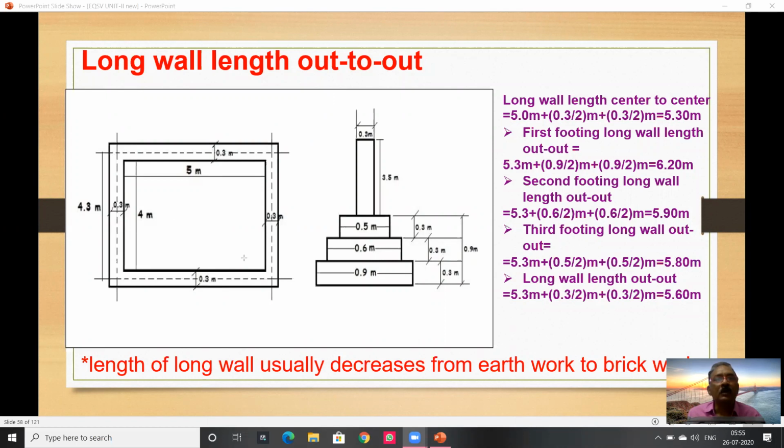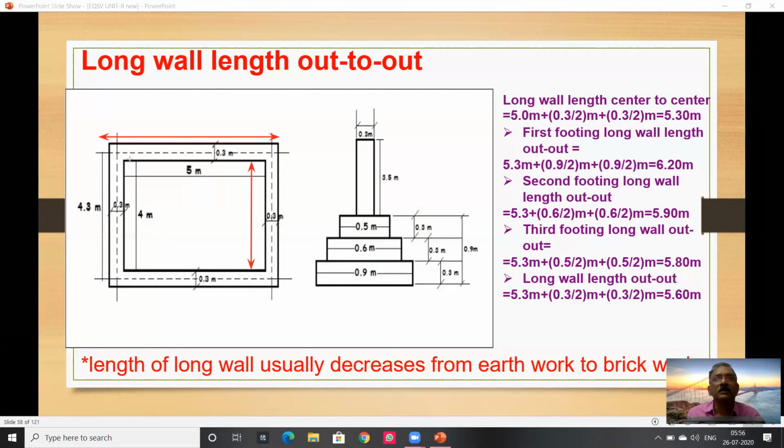So there are 2 long walls and 2 short walls. This is one long wall, and this is a short wall. Whichever has the smaller width is the short wall.